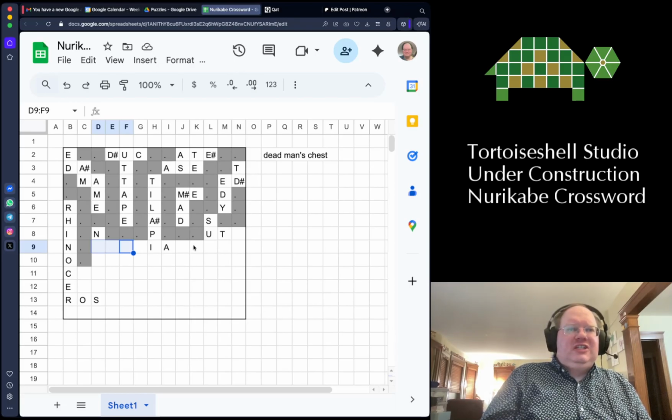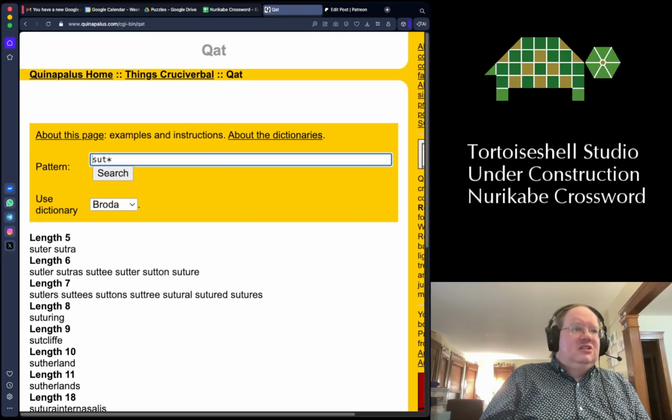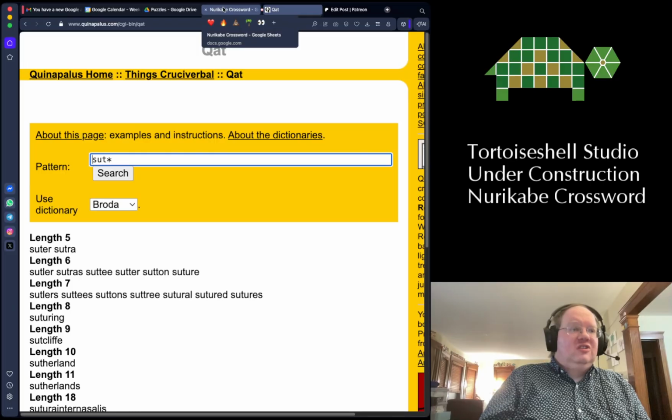But SUT is, what is that? Suture? Sutton? I don't know who's named Sutton. Sutherland. Sutra. Sutra doesn't give me the letters I need for the message. Sutures. Sutcliffe.